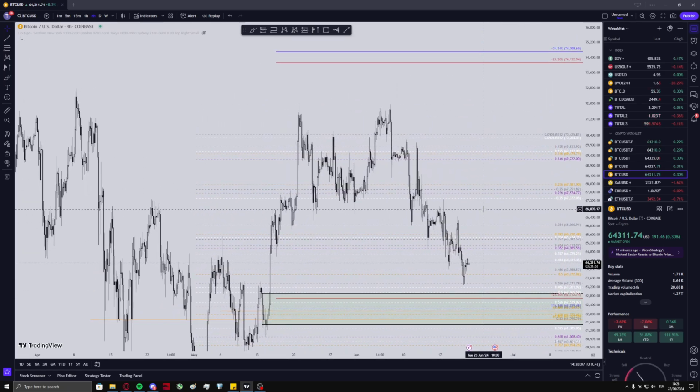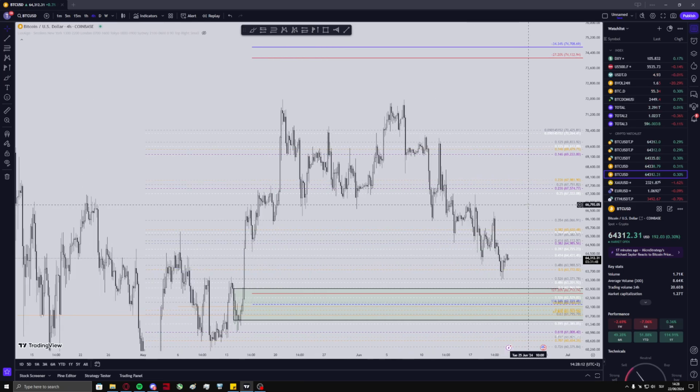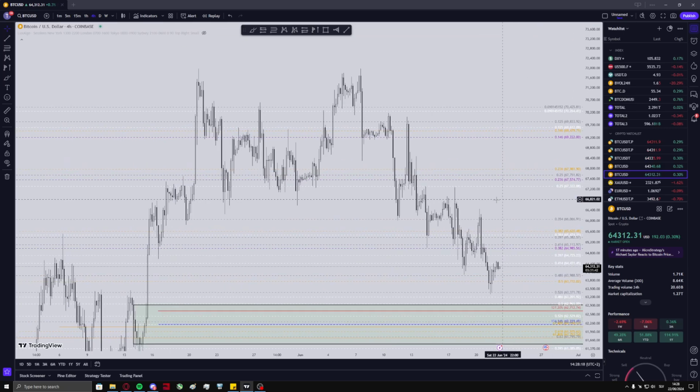That's how it works, really. Okay, one other thing I can show you. Here is a good example. So you have this move down on BTC, which broke. This was the last low that was broken, right?